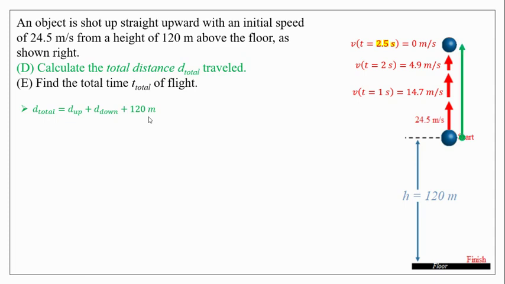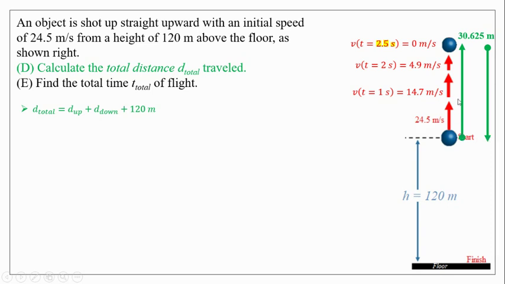So watch these arrows. This green arrow, if you've been keeping up with my work, that is a length of 30.625. That's how far it traveled upward before it came to a stop. So therefore, that's the distance. Now coming down would also be 30.625 meters because of symmetry.